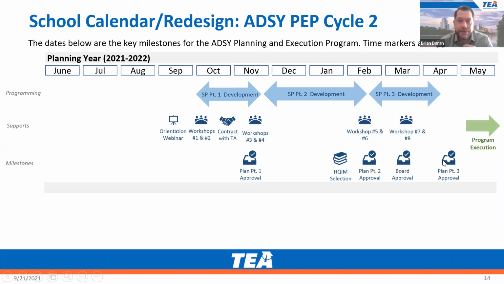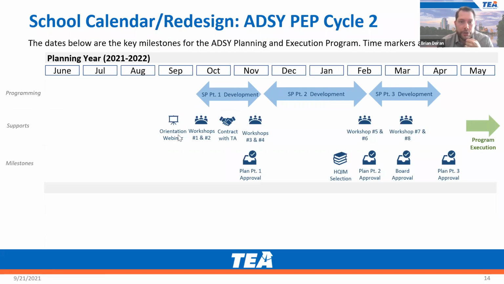And what Adzy PEP is, again, it's a year-long planning process initially. So we have a calendar up here that describes this process specifically for cycle 2 districts, and I'll talk about that on the next slide. But specifically for cycle 2 districts, those who are starting the planning year this upcoming year, 21-22.